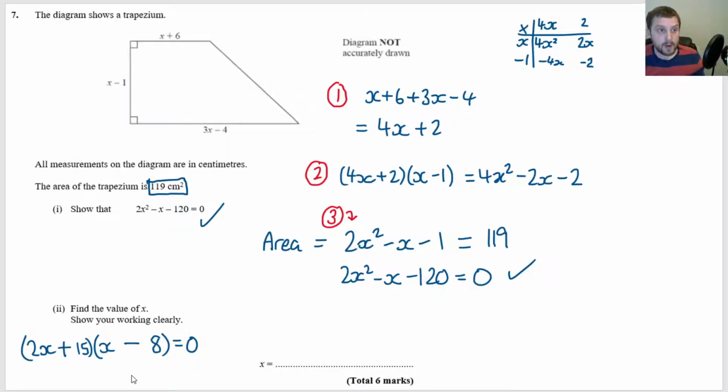So this is an example of one where a little bit of thinking about it lets you work out how it factorizes. Let me explain where that's come from. It had to start with 2x and x, because that's how you get 2x squared. Then I need two numbers that times together to make minus 120. So to begin with, I just worry about can I make 120. The reason I decided on 15 and 8 was that the numbers, even after taking into account this 2 here, have got to be pretty close together.